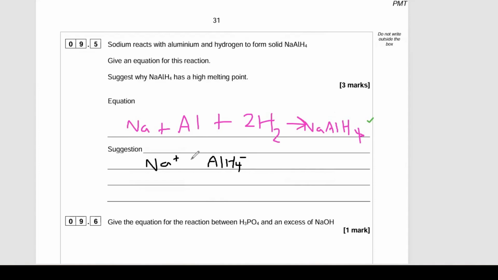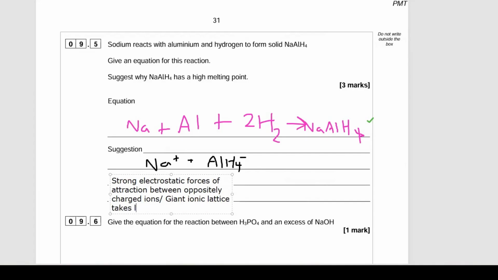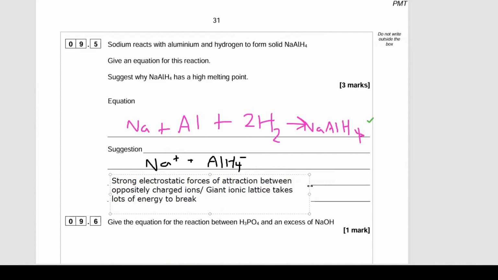So let's put that: strong electrostatic forces of attraction between oppositely charged ions. Giant ionic lattice, takes lots of energy to break.